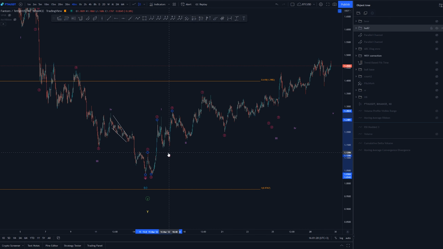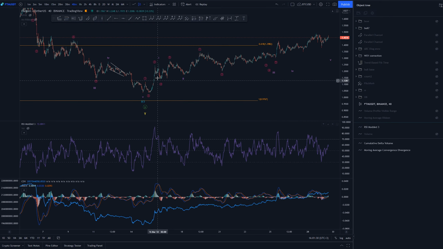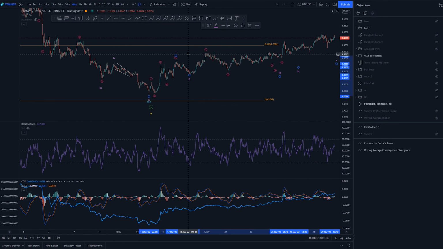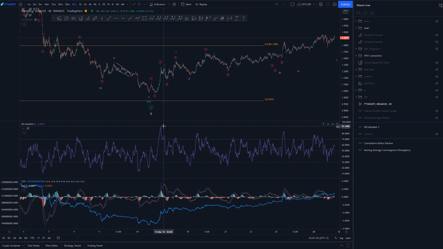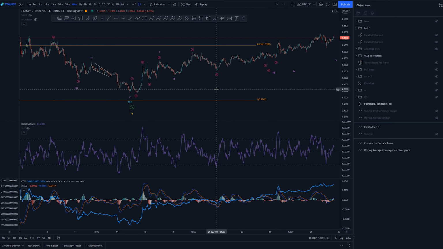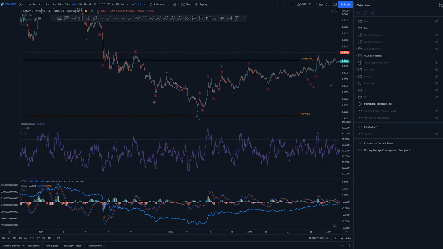As you see, there are a lot of difficult possibilities and options here, and having this wave 3 up here being so high on the RSI, it's just giving out divergences everywhere. So it is definitely a really hard thing to say where it is.